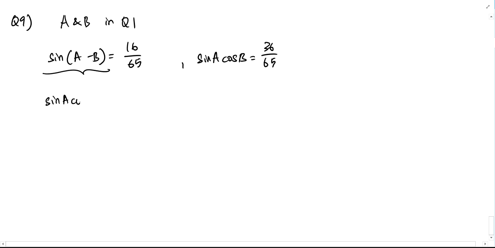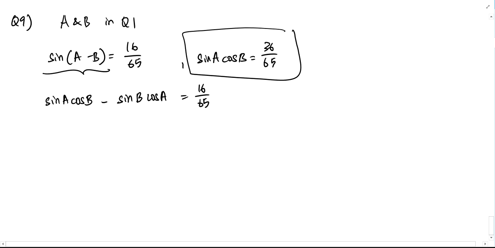Sine A cosine B, follow the sign, minus sine B cosine A. This is 16 over 65. And we see that, hey, sine A cosine B has appeared. Sine A cosine B. This is 36 over 65 minus sine B cosine A.